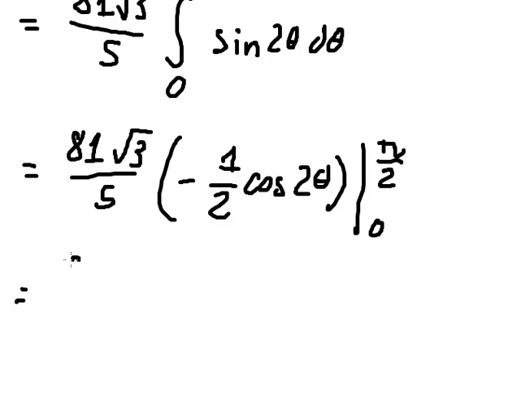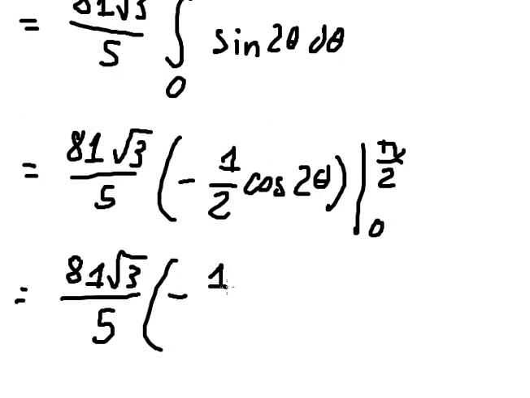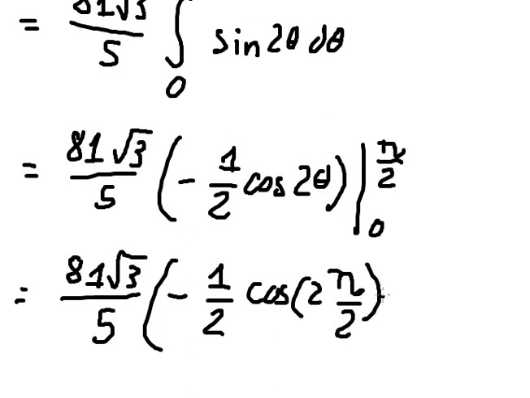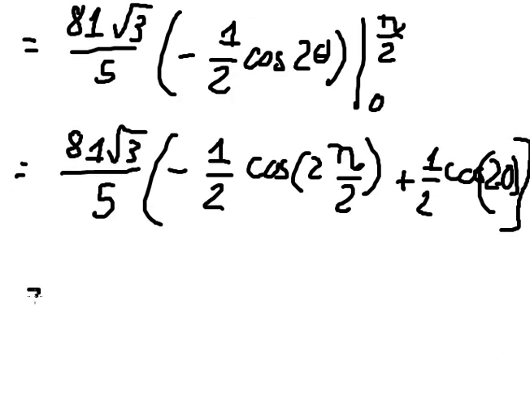And now we have the final answer, and we have 81 with the square root of number 3 over 5.